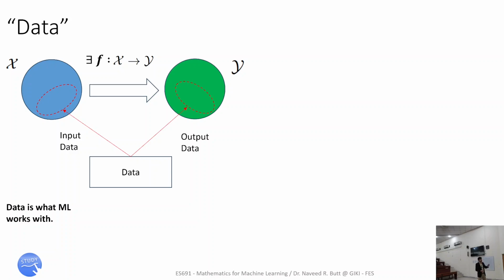So remember जो mapping हमने करनी थी, the input space, the values in the input space are input data. The values in the output space are output data. So this is basically what the ML is trying to find the mapping between. So for us, data is the two entities between which ML is trying to find the mapping.